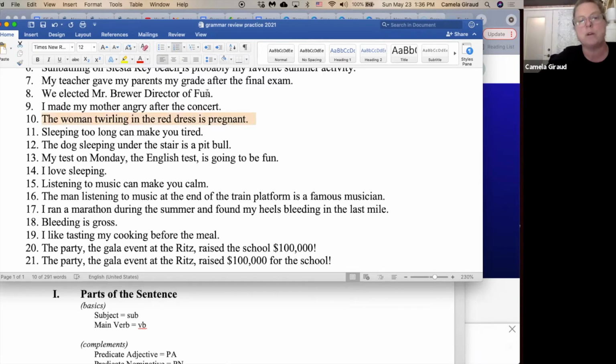The woman twirling in the red dress is pregnant. Okay, so remember I said if you're in a panic to go to the verb first. So let's try that with this one. So I'm going to go to the verb first. In this case, it's is. And if you're wondering why it's not twirling, that's because twirling in the red dress is really just describing which woman.